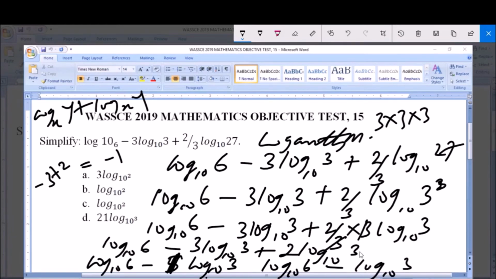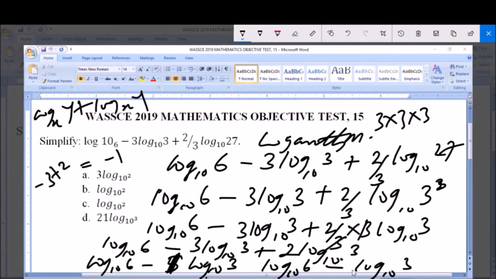Now to simplify further, since their base is the same, in logarithm, the inverse of subtraction will be division. So it's just like the inverse of indices. So log 6 base 10 minus log 3 base 10: the 6 will be divided by this 3.